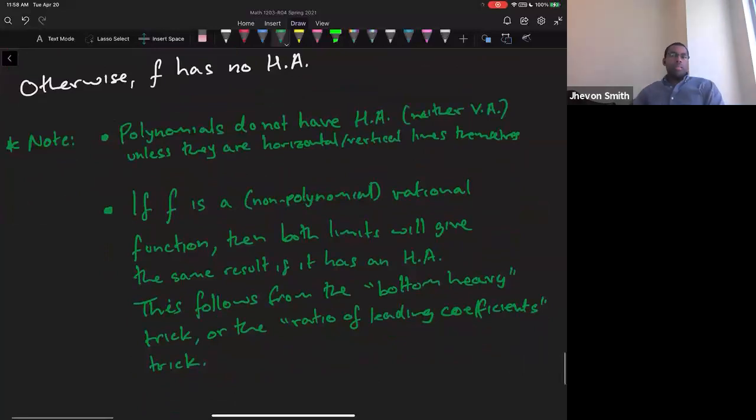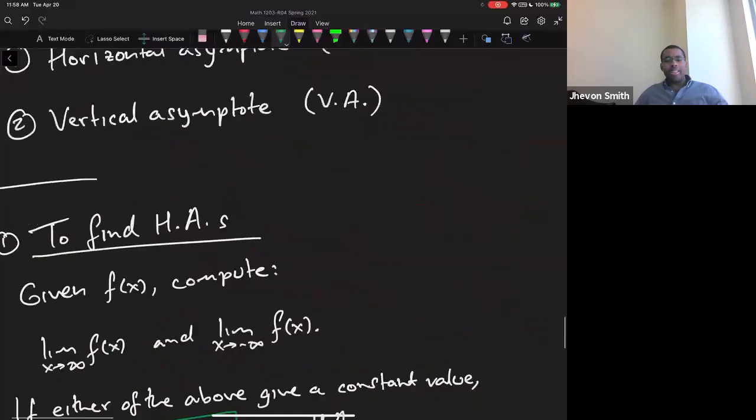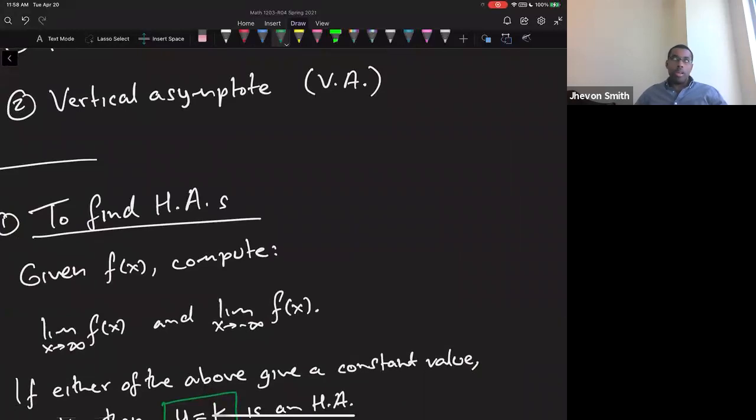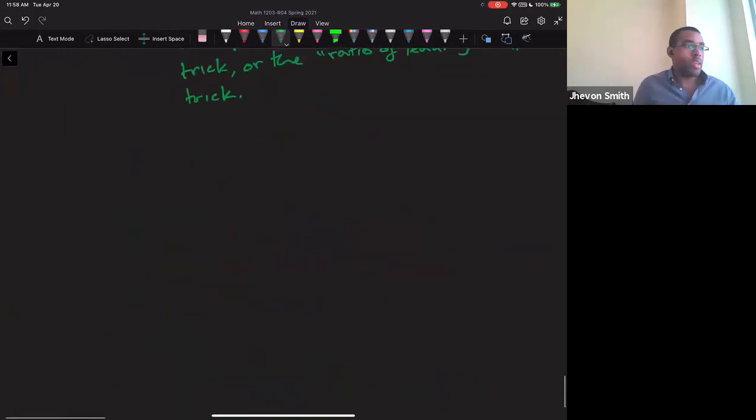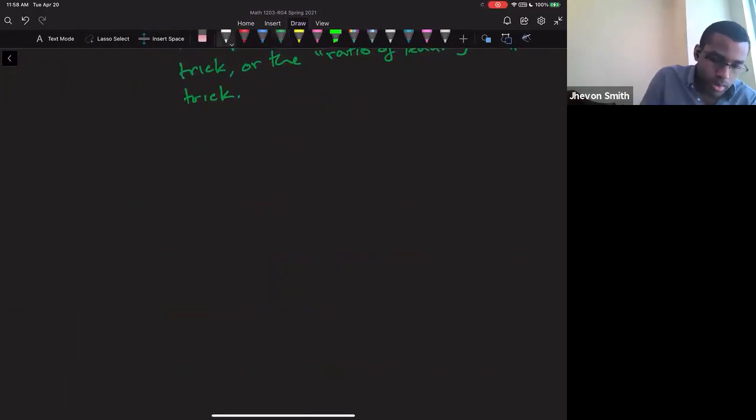So those are two things. If you have a polynomial, it doesn't have either of these types of asymptotes. Don't waste your time looking for them. And if you have a rational function, you only need technically to compute one of these limits. They'll both give you the same answer. Although I'll probably expect you to write down both of them, even though you're not going to compute both of them. So let's actually do some examples.